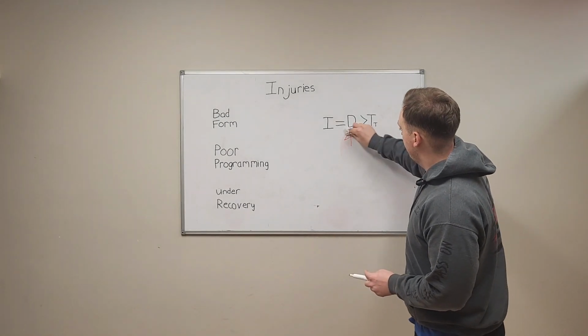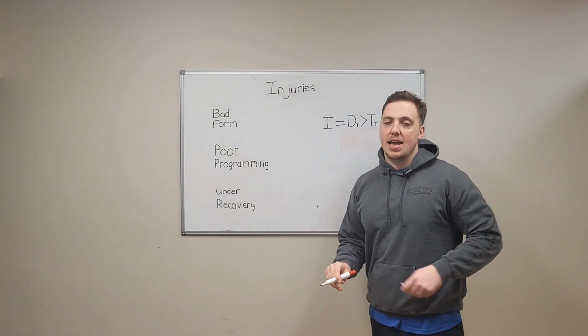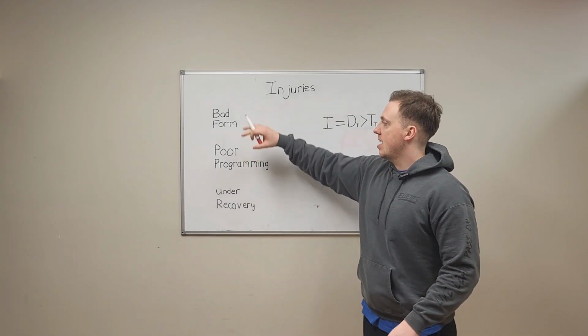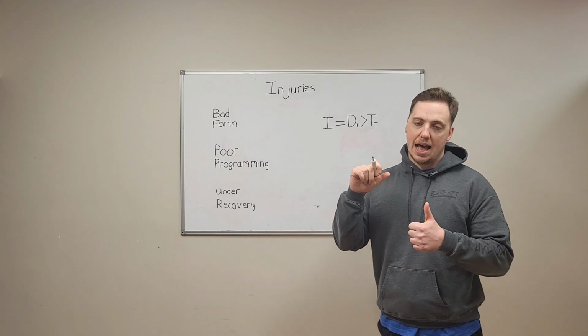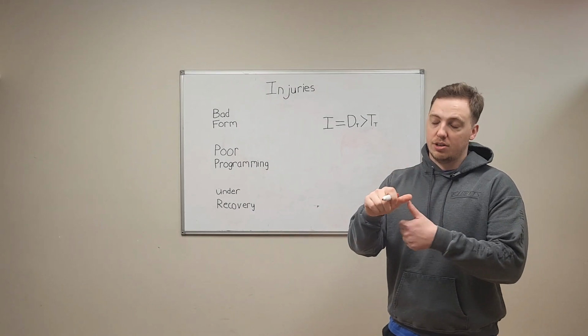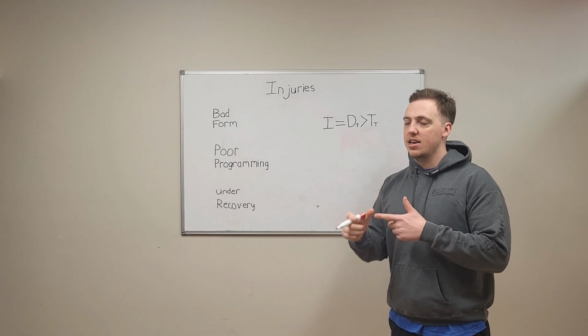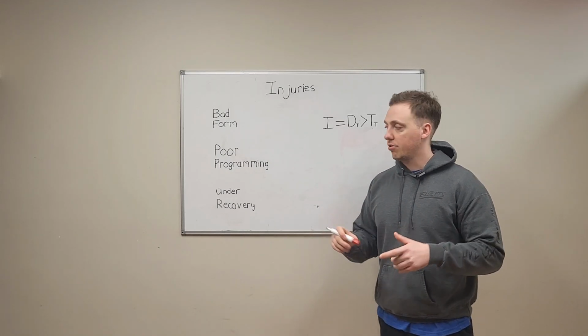under recovery. I know it does go with poor programming, but it can also be by itself. Even if your programming is great, even if your form is great, under recovery can also classify things like getting your protein, getting your micronutrients, so not just your macronutrients, but your micronutrients.